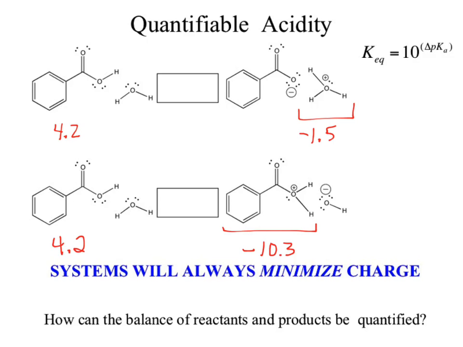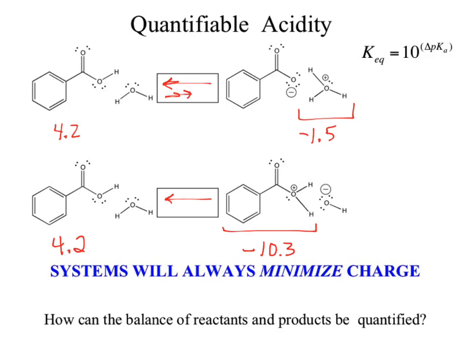So if I was to draw a reaction arrow in here, I might do this. I'd say, no, that's not going to happen. Okay? How about the other one? 4.2 to negative 10.3. Same deal, that's not going to happen. But now what I'm asking is which of these is more likely? Why is the top one more likely to occur?